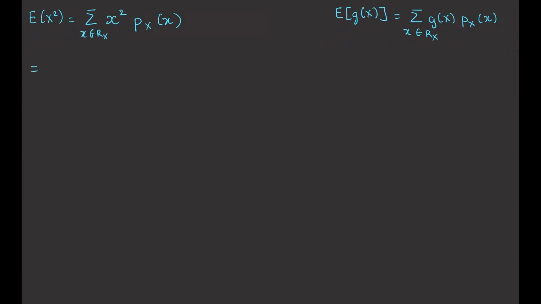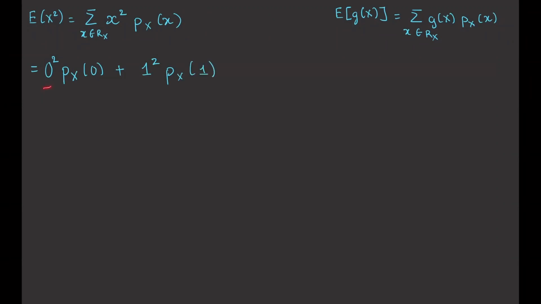When x is equal to 0, this expression is equivalent to 0 squared times the probability mass function at x equal to 0. And when x equals 1, I have 1 squared multiplied with the probability mass function at x equal to 1.